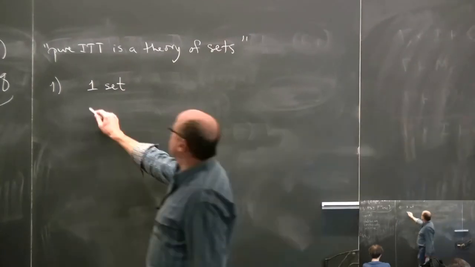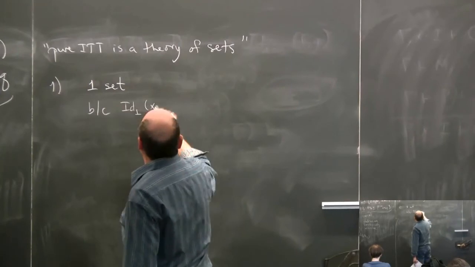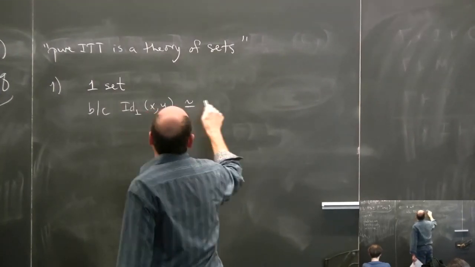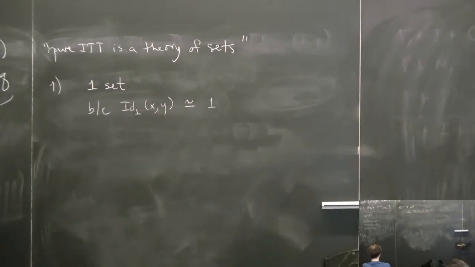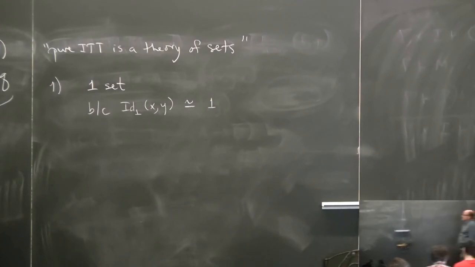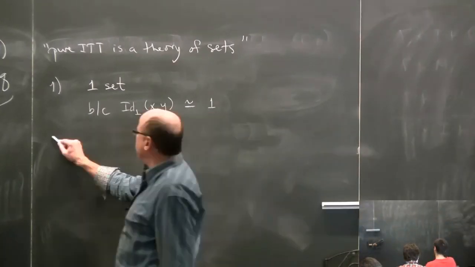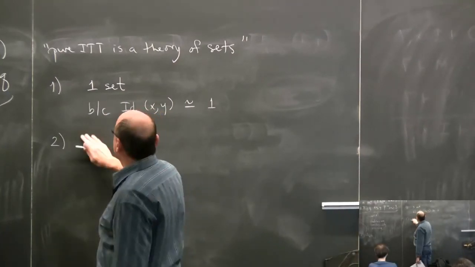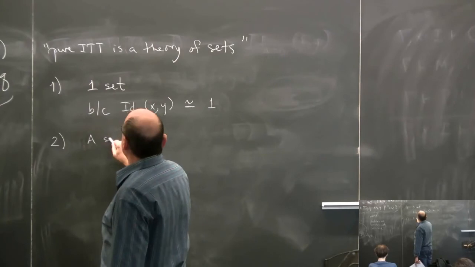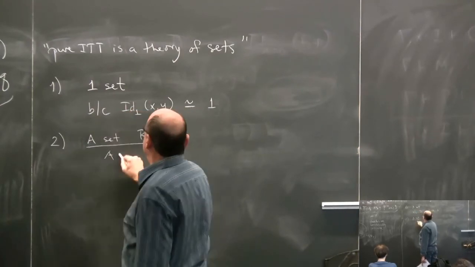Okay, so we'll say that 1 is a set. Well, why? Because we proved, or you did, that id 1 x y for any x and y is equivalent to 1. So there's at most one proof between x and y. So that forms a set. Okay, that's good. So we're starting, and then this is all going to extend, is the idea. I can write it like this: if A is a set and B is a set, then A cross B is a set.